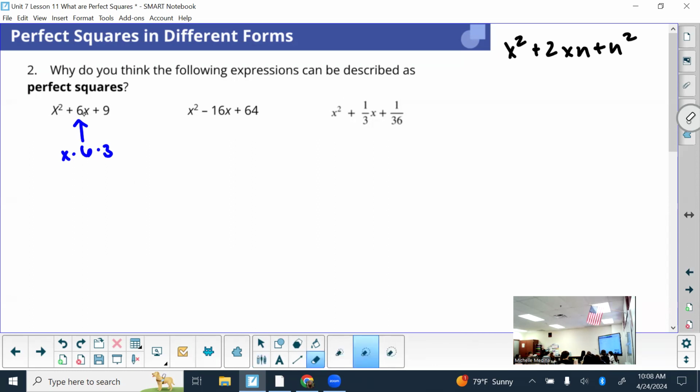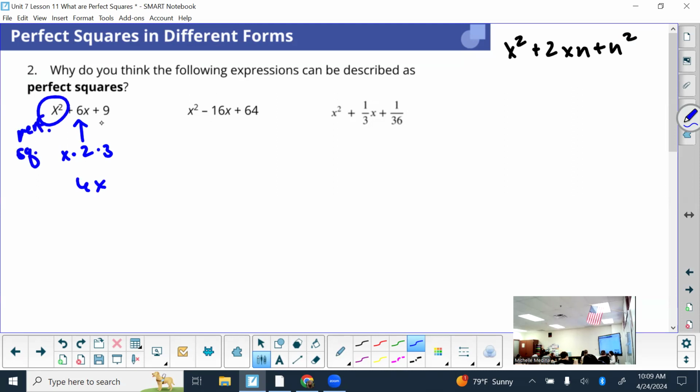And then that middle term is always your square roots and then times 2. Order doesn't really matter in multiplication, so you can put it in the order that you want. X times 2 times 3 is 6x, and these are both perfect squares. So that does follow the format that we learned in the last one.